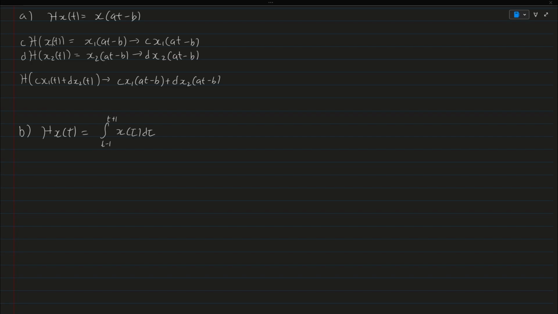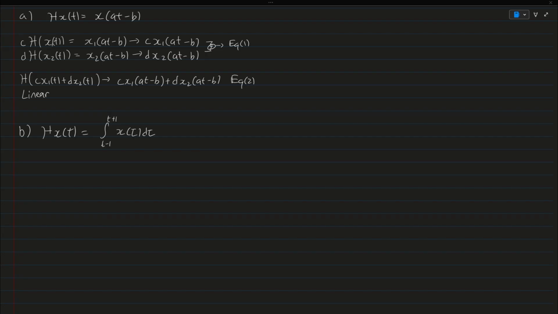If you take the sum of the two earlier results, you get an equation, call it equation 1, and it's equal to this equation, equation 2. Because equation 1 and equation 2 are equal, the system is linear.